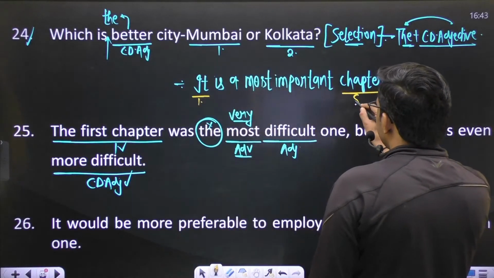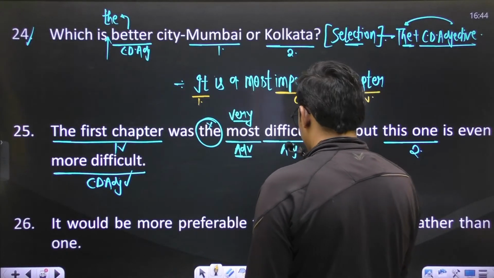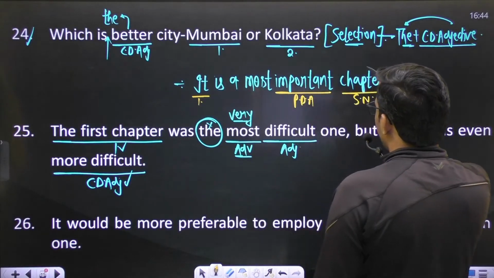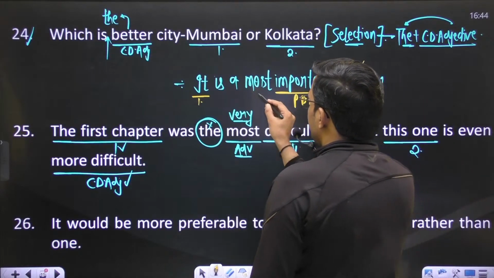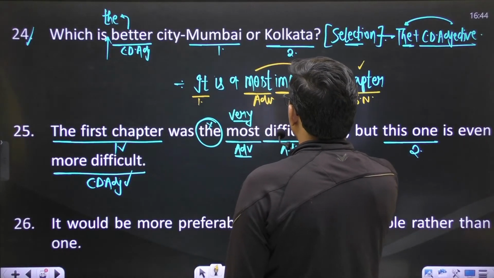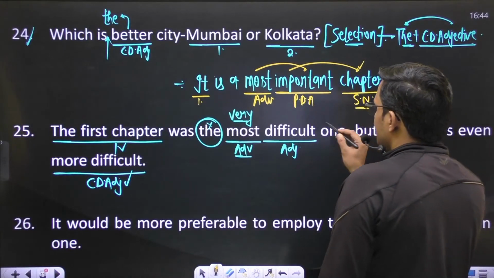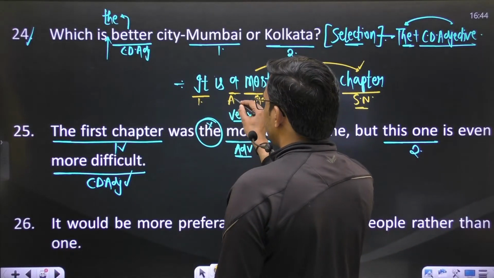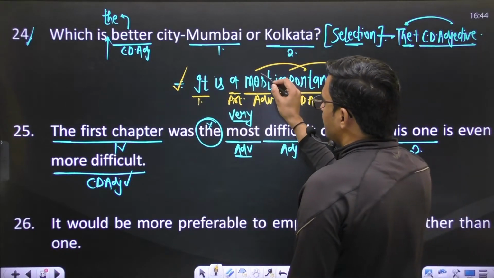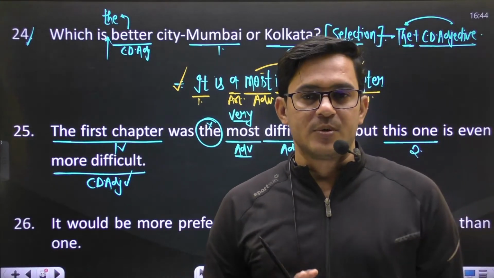This chapter is a singular noun. This is an adjective of positive degree, and we are talking about one chapter. That's why this word most is an adverb. Adverb qualifies an adjective, adjective qualifies a noun, and here we are talking about singular noun. That's why we have used article a, right? So sentence is fine. Here also this word most is not an adjective, this is pure adverb, right?